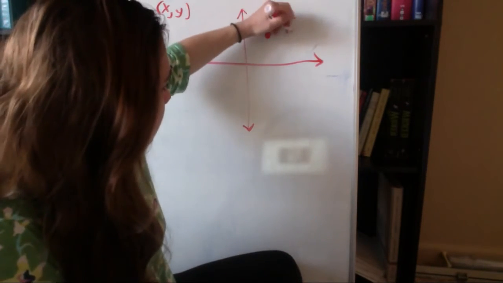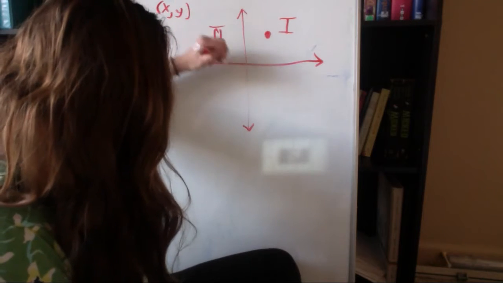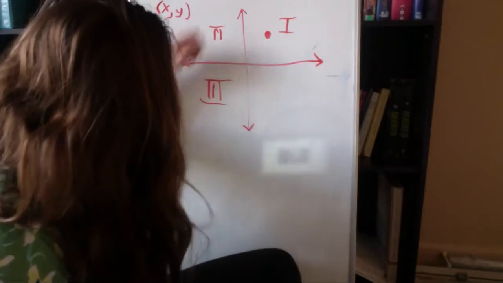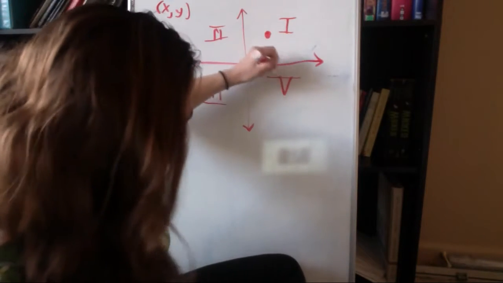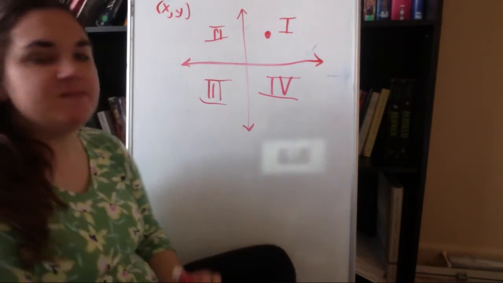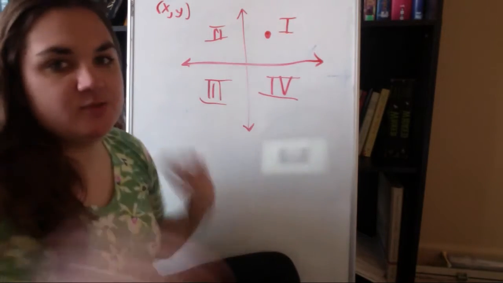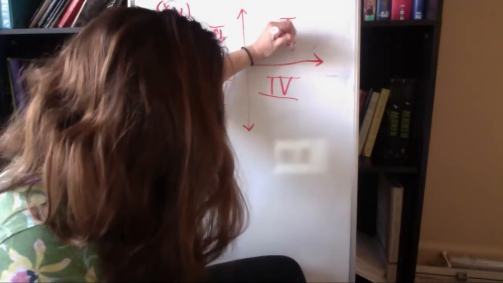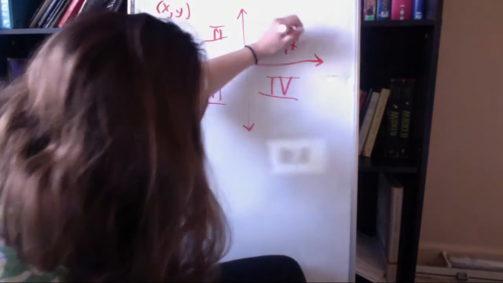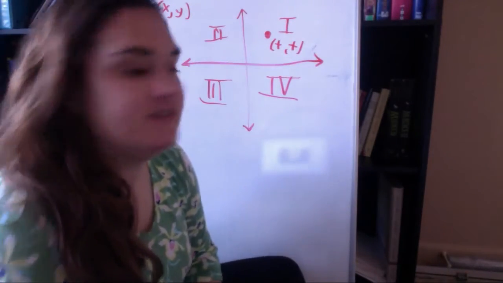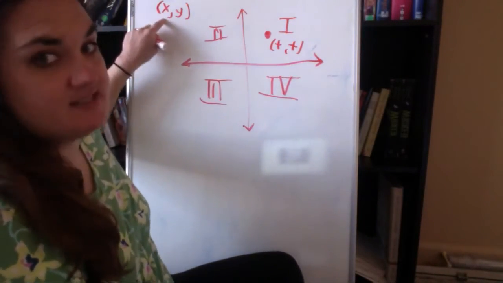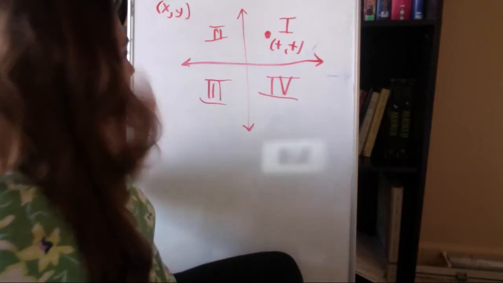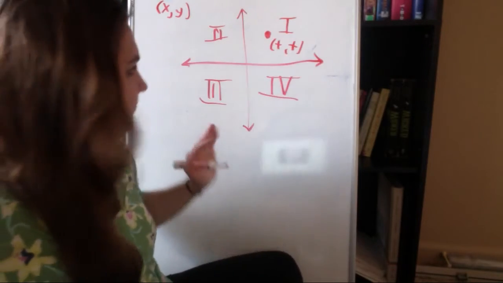This is quadrant 1, 2, 3, and 4. Okay, so in these 4 quadrants, we know a couple properties. Anything that's in quadrant 1 is going to be positive, positive. And the reason for that is because positive X tells me to go to the right, positive Y tells me to go up.